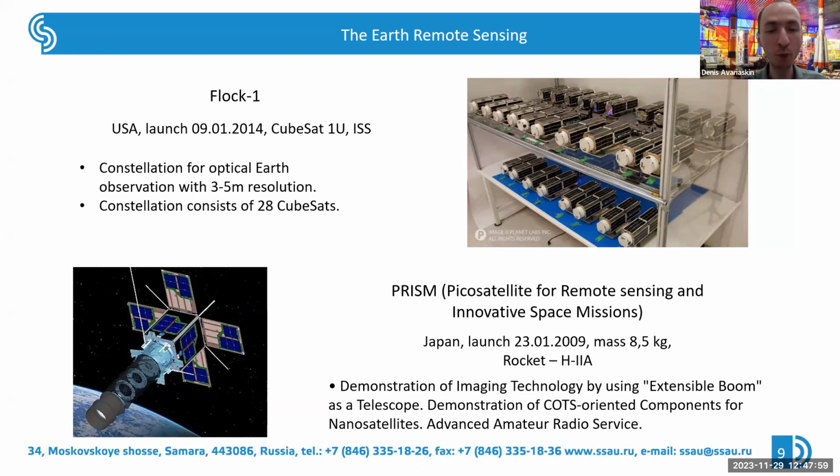Each side of the cube has a dimension of 10 centimeters or 100 millimeters. So one cube is a cube with a side of 100 millimeters, and we can combine different cubes, 1, 2, 3, and more, to make satellites. The next example of nanosatellites was not a CubeSat, but it's still a nanosatellite. It was PRISM, the Japanese nanosatellite.